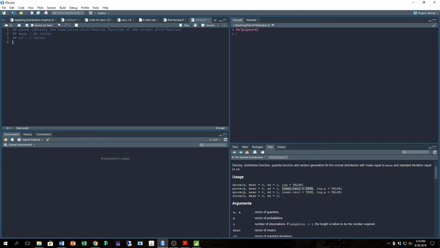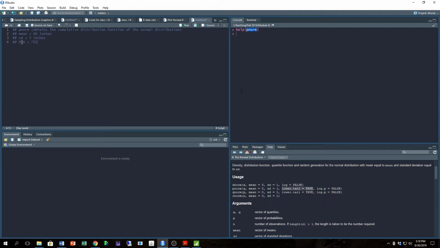We wanted to know the probability that x was greater than 70. We had a guess that it was going to be less than 50%, but we want the correct and accurate number in R, so we are going to use the pnorm function.